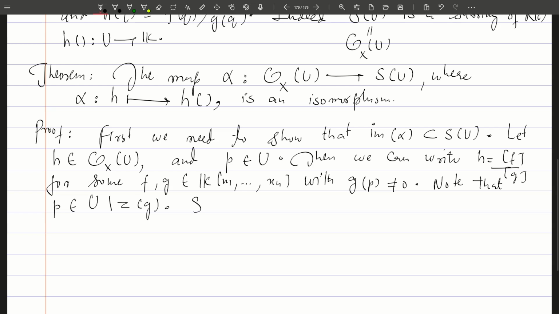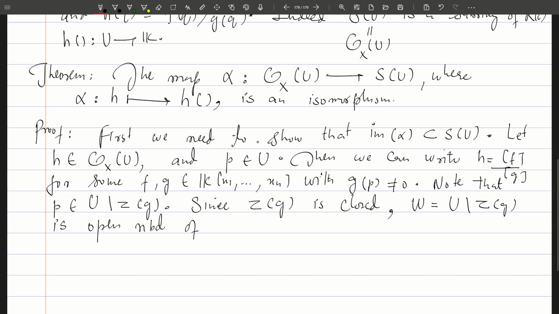Since the zero set of g is closed, the set W, which is equal to U minus the zero set of g, is open. So this is an open neighborhood of p.